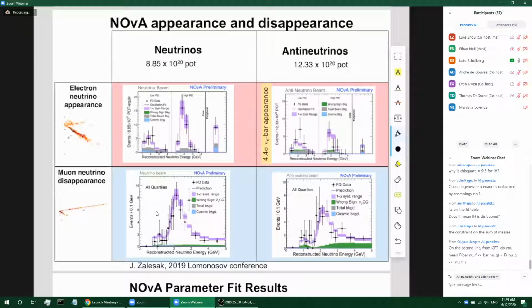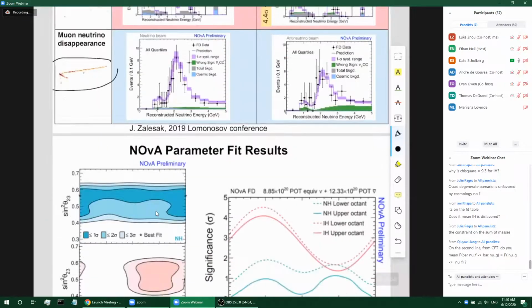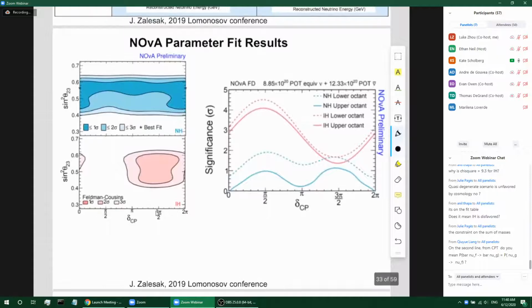It's looking for a fuzzy track for electrons, something that looks like a shower in the scintillator tracker. Muons are long, sharp lines, tracks. And these are the corresponding plots for neutrinos and antineutrinos. Also, that beam can do neutrinos and antineutrinos for appearance and for disappearance. And this is also something that the collaboration can throw into a big old fit.